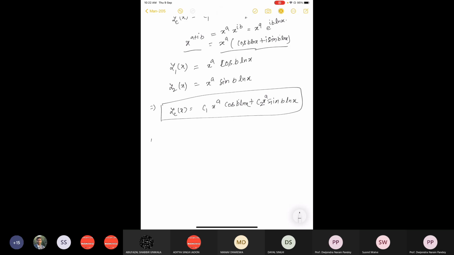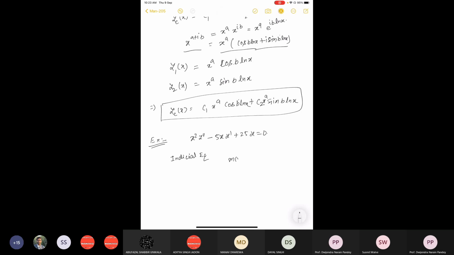So example, let us say x squared y double dash minus 5x y dash plus 25y equal to 0. Just find out your y1 and y2. Write down y(x). So what are the roots and then what is the indicial equation?